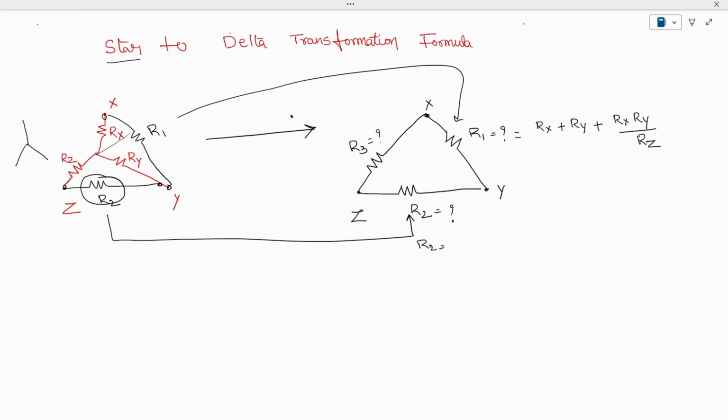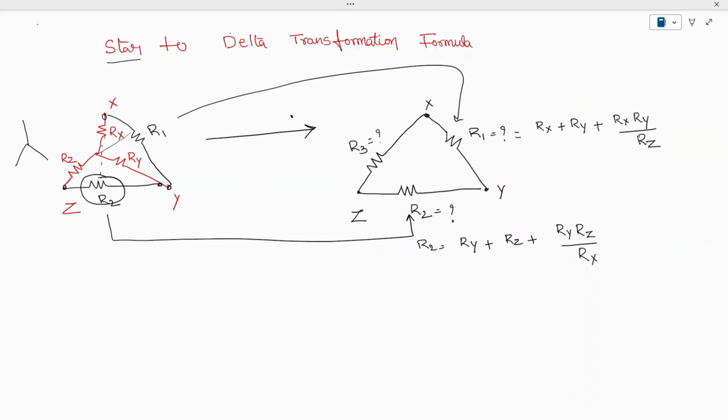What are those values? First one, you have to write down as Ry plus, for the next branch, Rz, plus the product of these two, which is nothing but RyRz. So to this resistor, what is at 90 degrees? This is nothing but Rx.